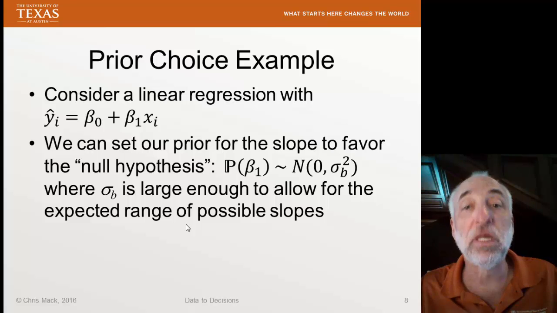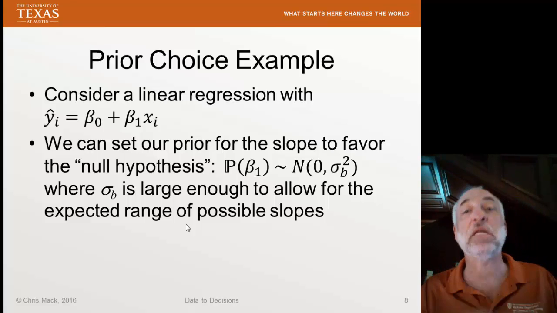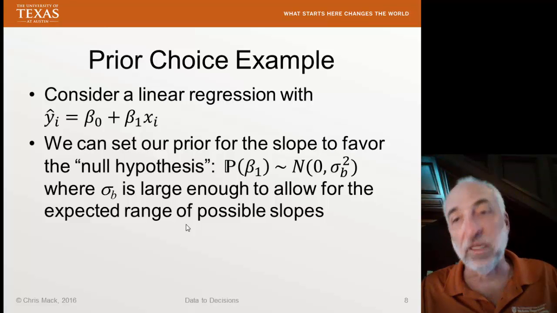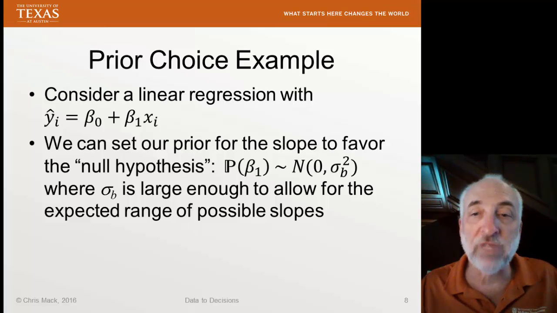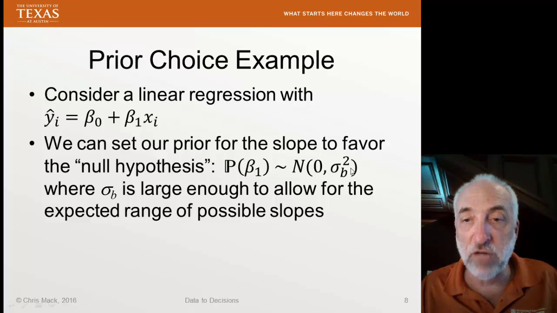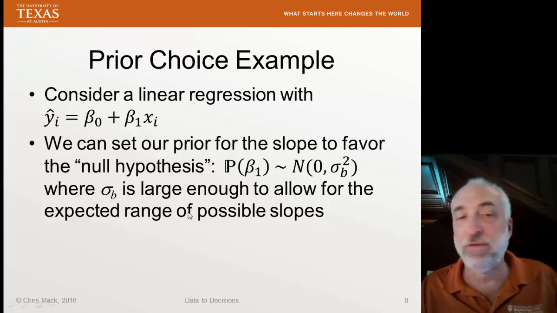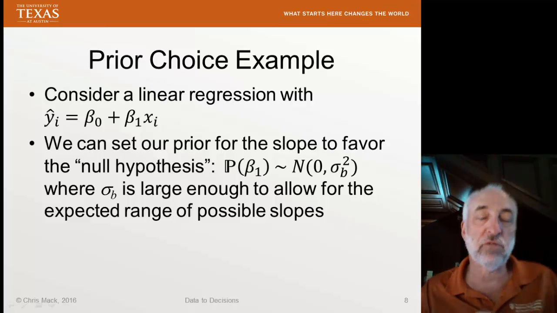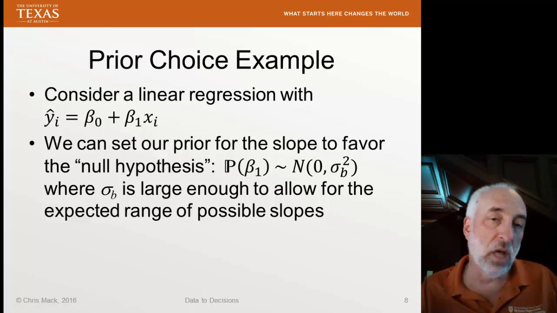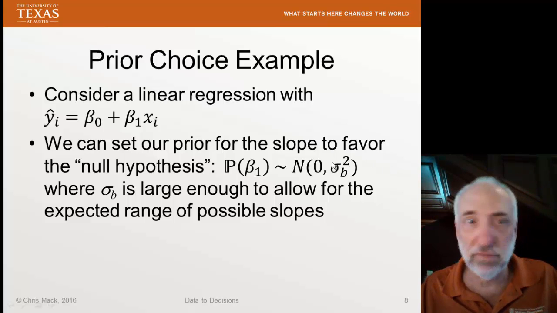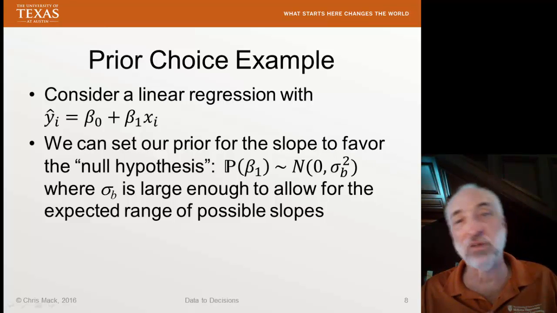But assuming it's 0, our null hypothesis, really means I'll have a probability distribution for the slope with 0 mean. I'll still have some kind of a variance or standard deviation for the slope, and I'll simply make it large enough to allow for the expected range of possible slopes. Picking that is going to be the hardest thing to get your head around.